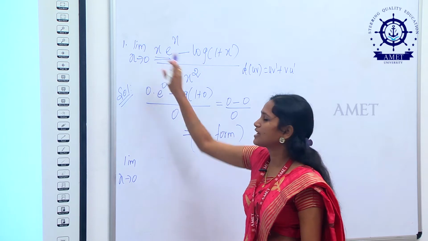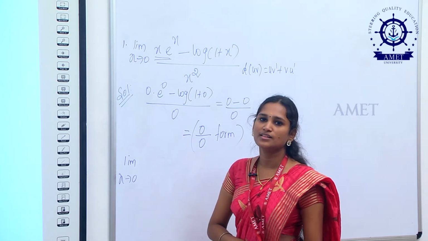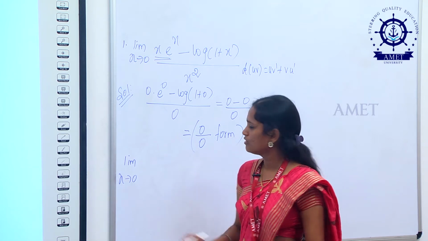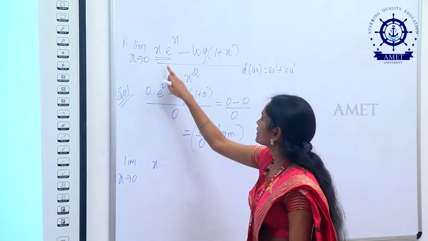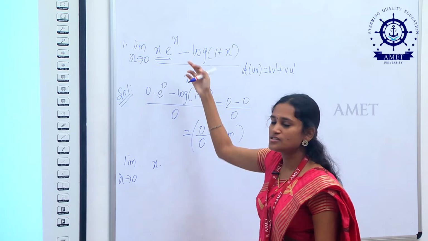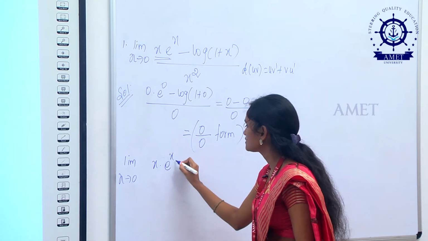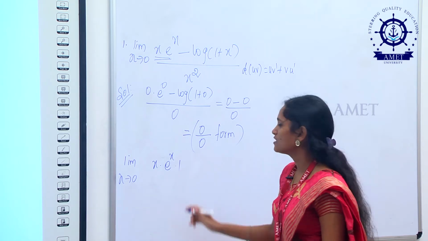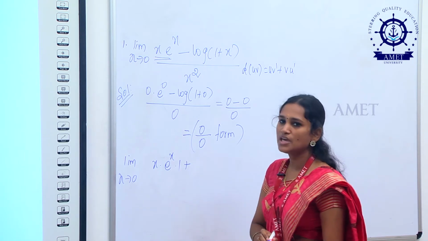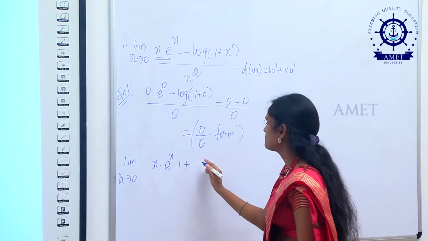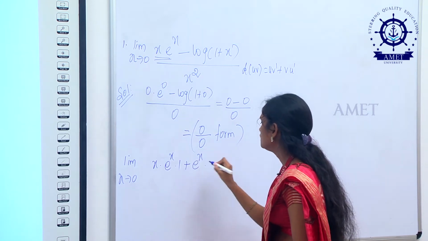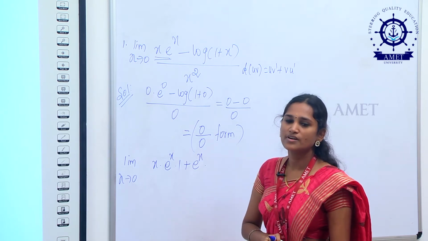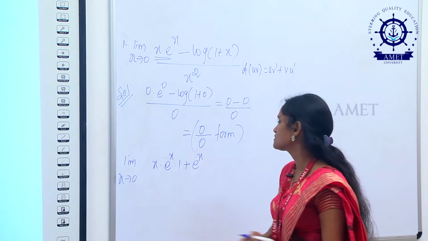Here u is x and v is e^x. Using the uv rule, the differentiation of x e^x is x into e^x plus e^x into the derivative of x, which with respect to x is 1.